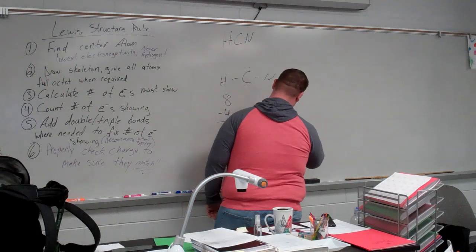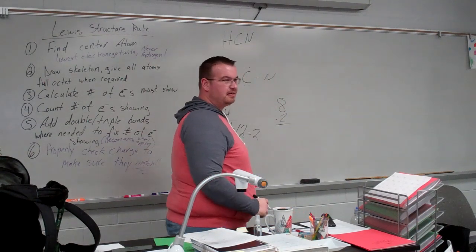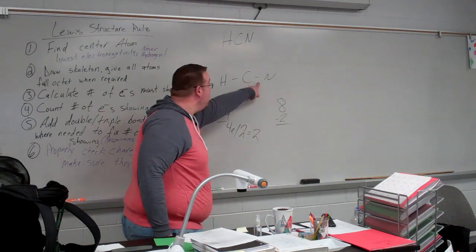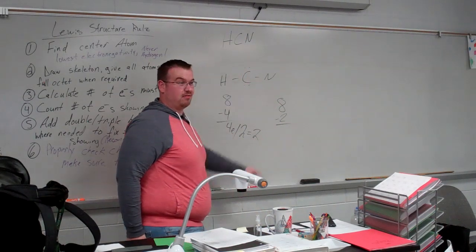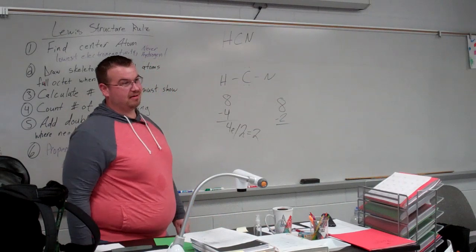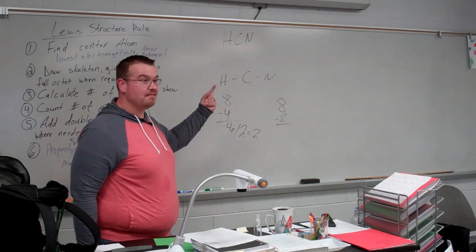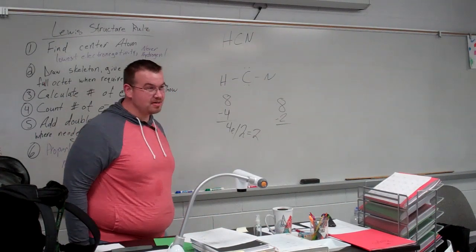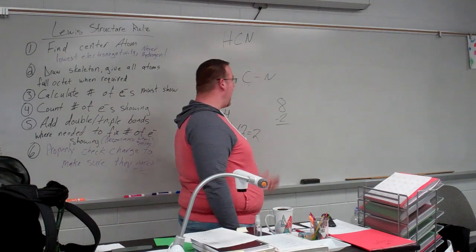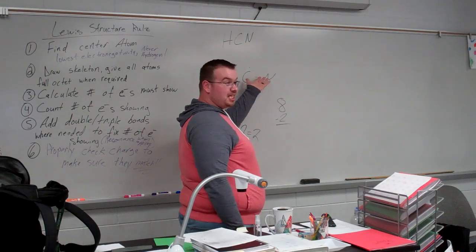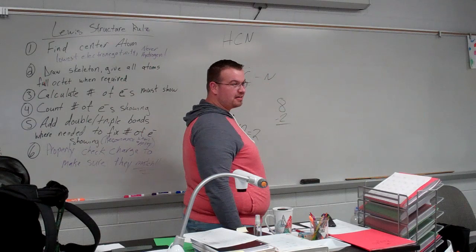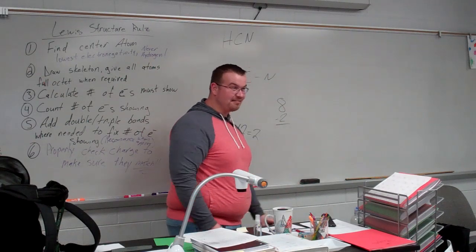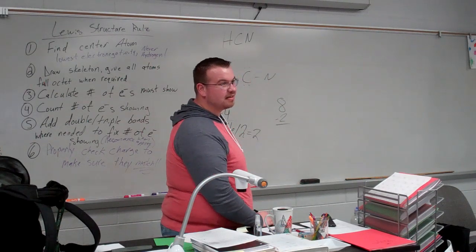There's a bond right there. I asked how many lone pairs, and everybody keeps screaming 5. So then I asked how many electrons does it have, and everybody still wants to scream 5. So why wouldn't you subtract 5?